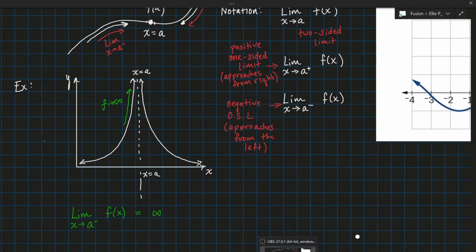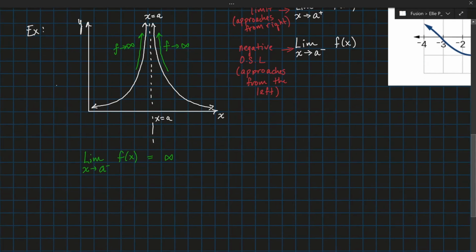And then the other one, well, what does that approach? Infinity, yeah. So that's also infinity. And so we'd say that the limit as x goes to a positive of f of x equals infinity.